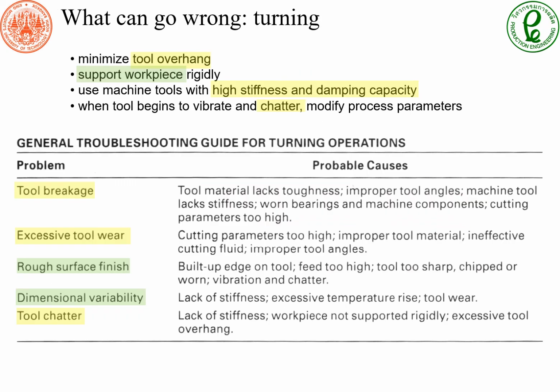What can go wrong with the turning process? Many things. First of all, we would like to make sure that the tool doesn't interfere with the workpiece, and we support the workpiece rigidly, and we use the proper machine with good stiffness and damping capacity. This is not shown explicitly, but if you can imagine, the cutting tool is exerting a lot of force on the workpiece and work holding devices.